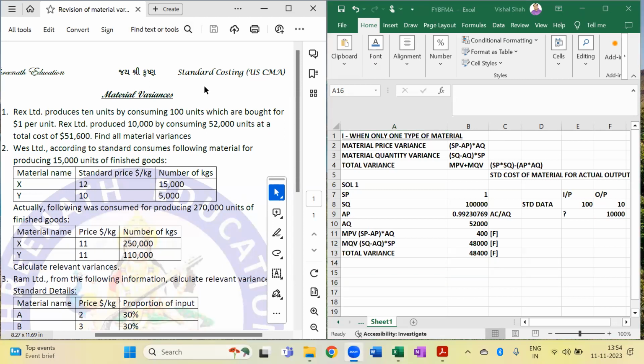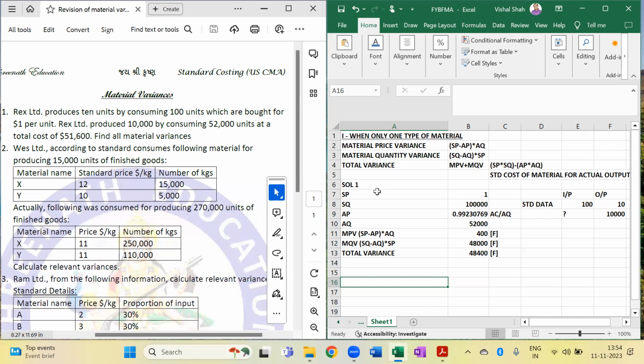Okay. Sir, rather than a doubt, just one thing in the Hawk textbook. Sir, in the Hawk textbook, actually, the only difference is the formula is opposite.